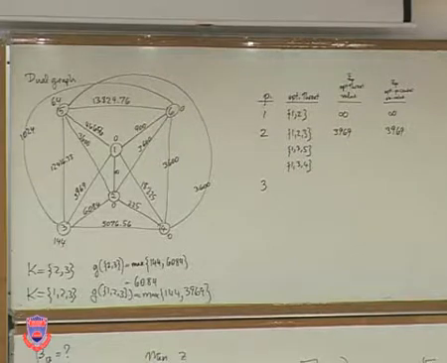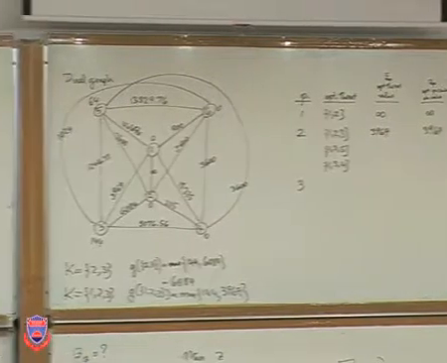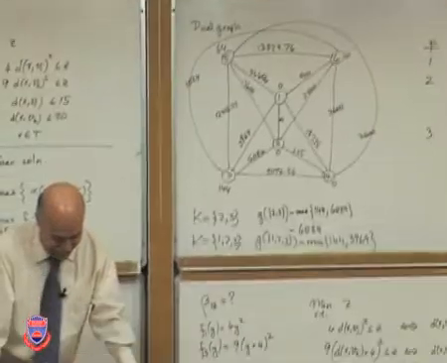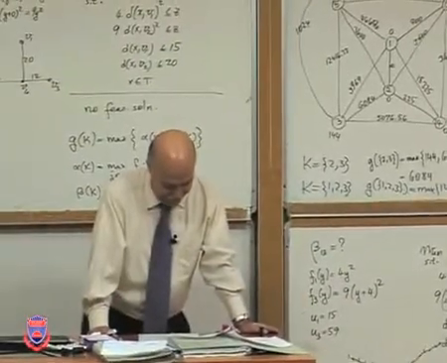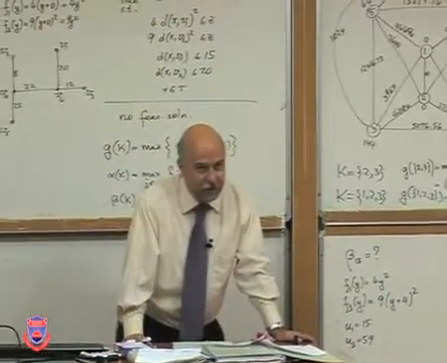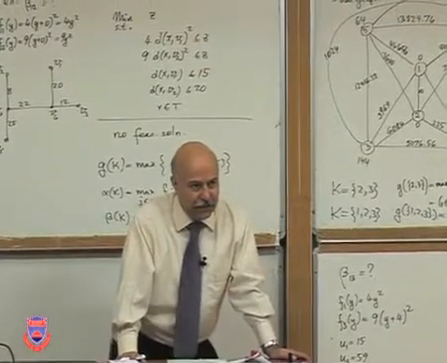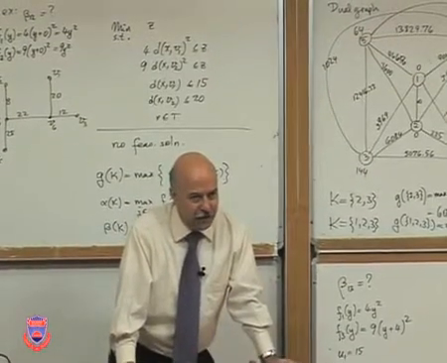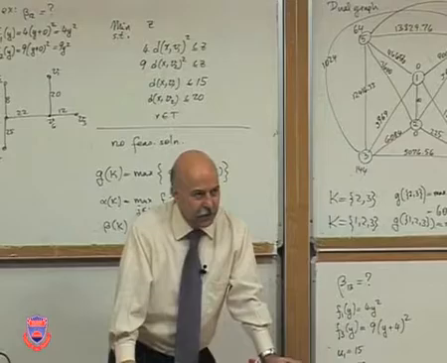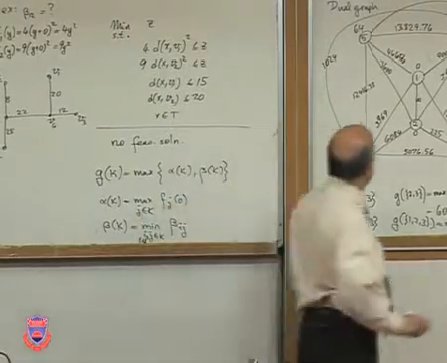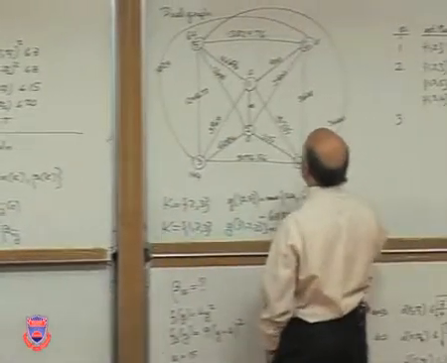Esra, you tell me the best 4-clique here. Possibly 3,600. Yeah, I also guessed that. Is it 3,600? Let's see, can you form 3,600?